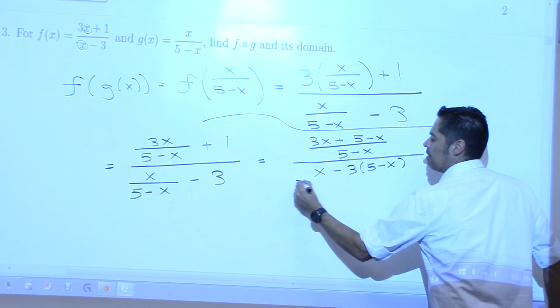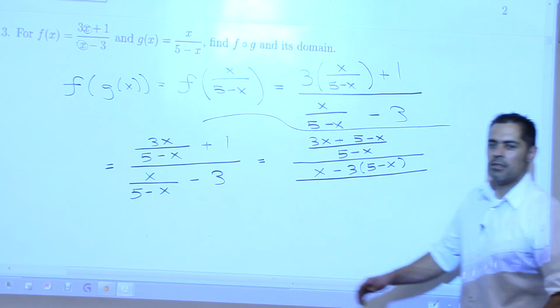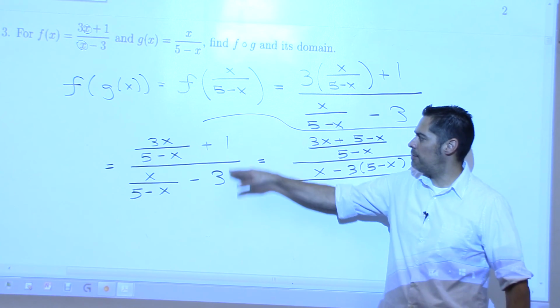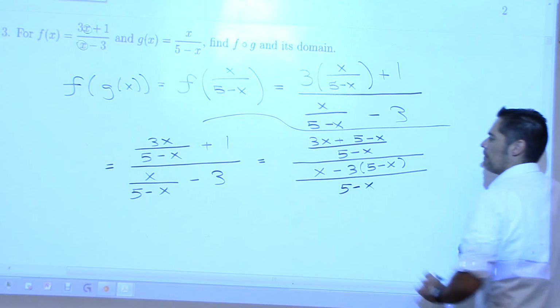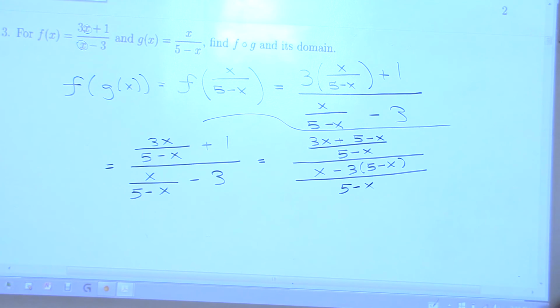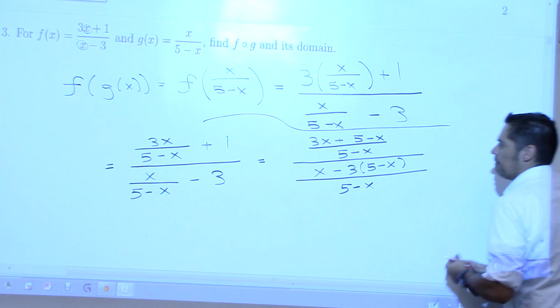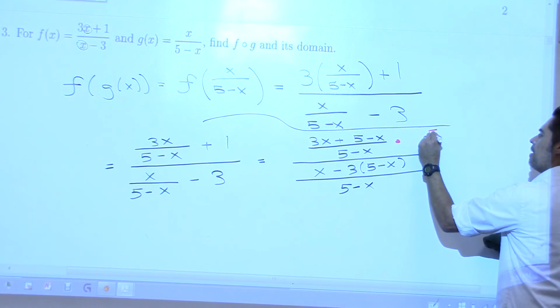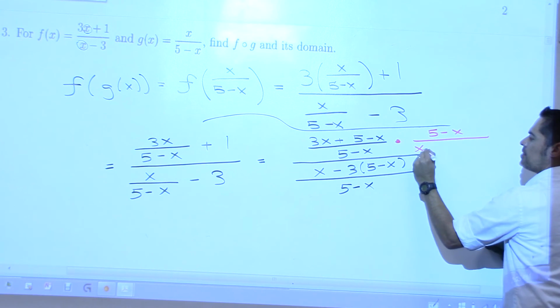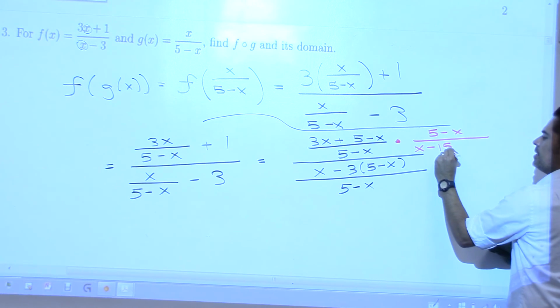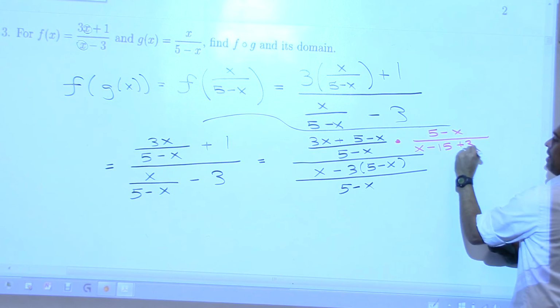You have to be really careful with that though, right? Do y'all see what I'm doing? 5 minus x, top and bottom, and over 5 minus x. These flip like this. So when I flip, it's going to be a 5 minus x on top, and then this on the bottom, right? X minus 15 plus 3x.